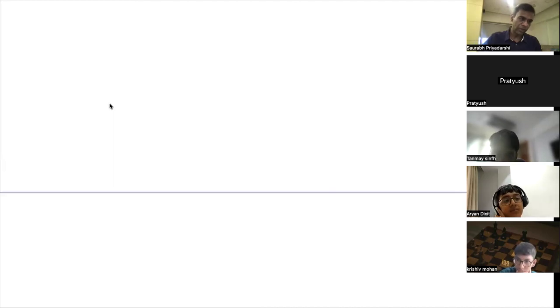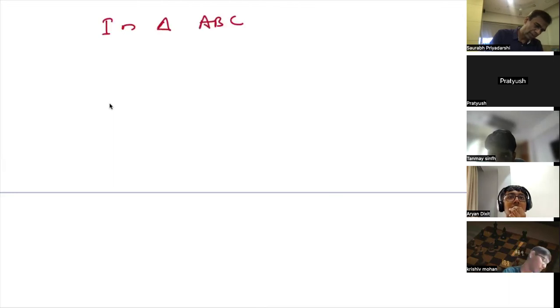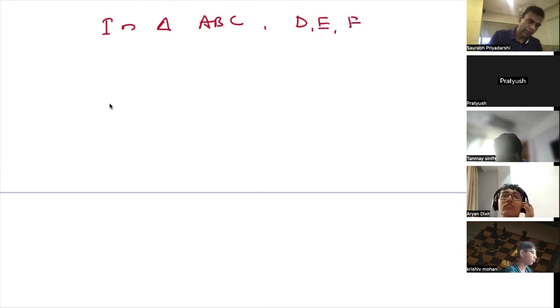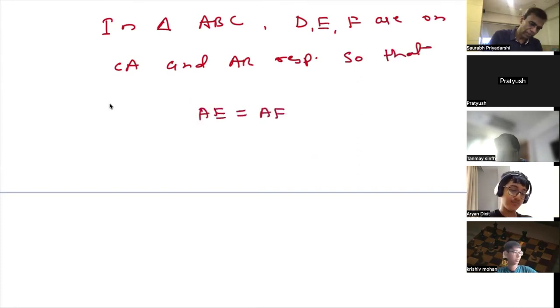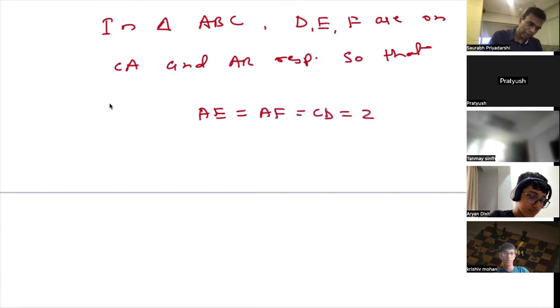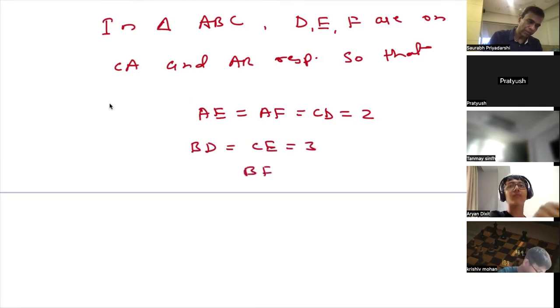In a triangle ABC, D, E, F are on BC, CA, and AB respectively, so that AE is equal to AF is equal to CD is equal to 2, and BD is equal to CE is equal to 3, BF is equal to 5.